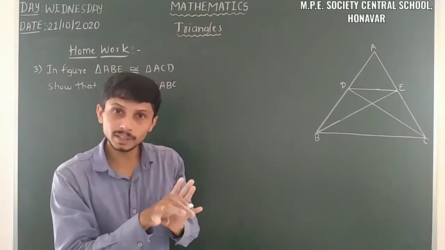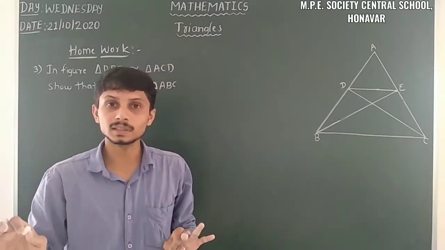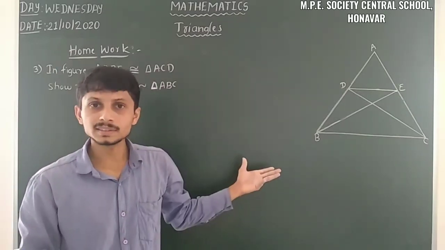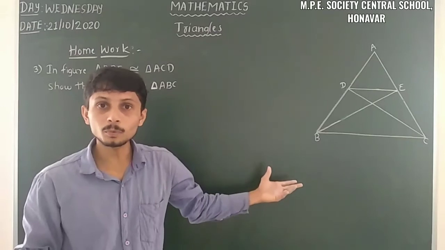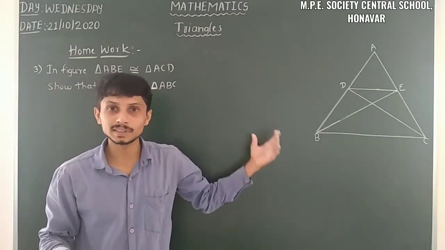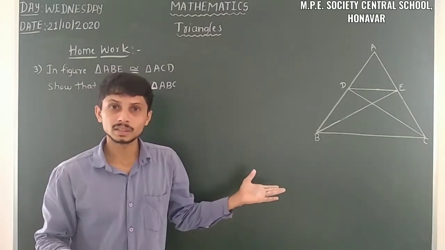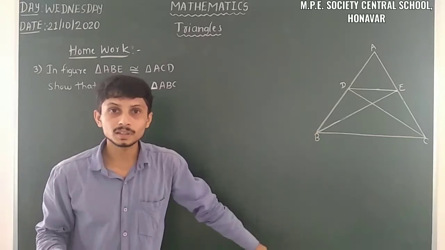Congruent means the corresponding angles are equal and corresponding sides are also equal. Completely it is equal. In the proof part also you have to note that some of the angles are equal and some of the sides are equal. It will be helpful for the further steps.